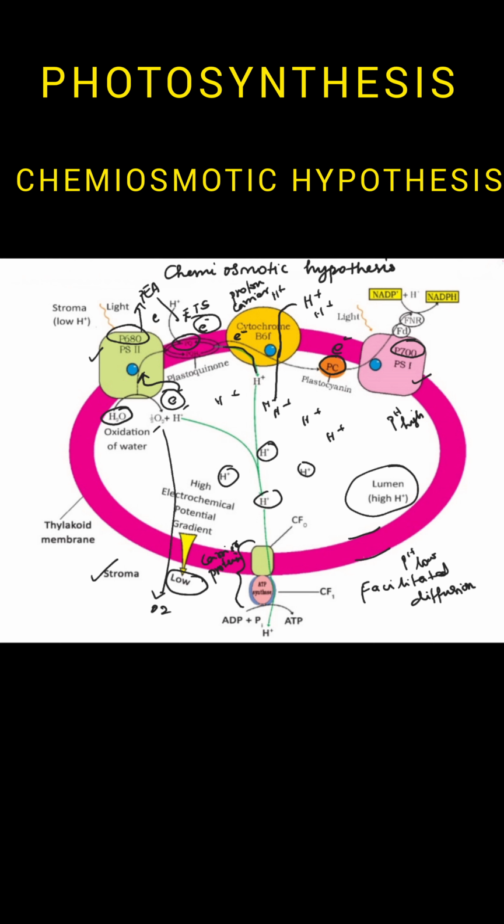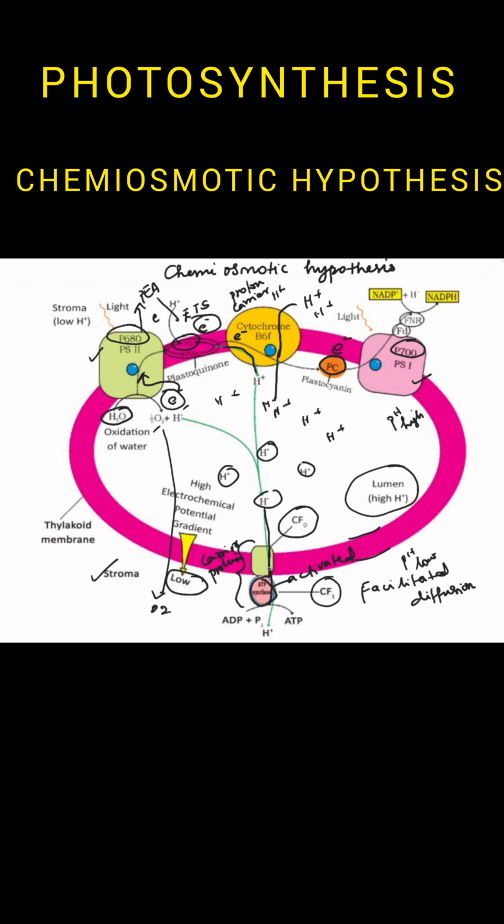Here the carrier protein is divided into two parts, the CF0 particles and the CF1 particles. The proton passes through the CF0 and then down to the CF1, and the enzyme ATP synthase present in the CF1 particle gets activated.